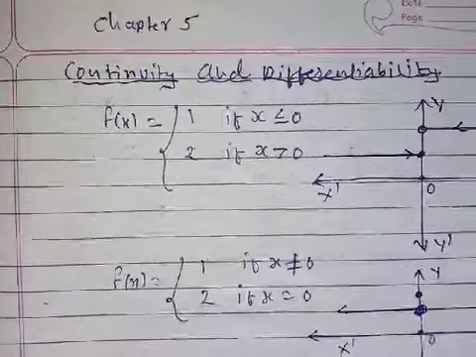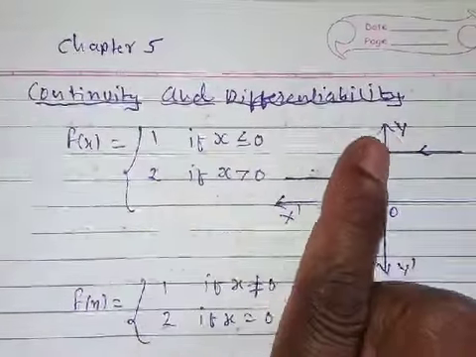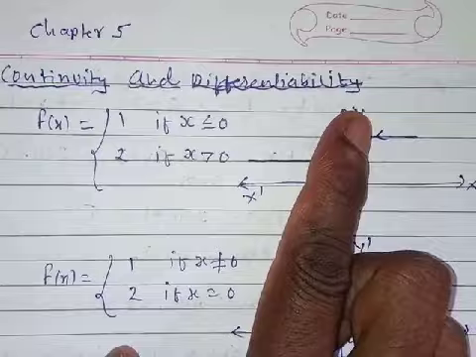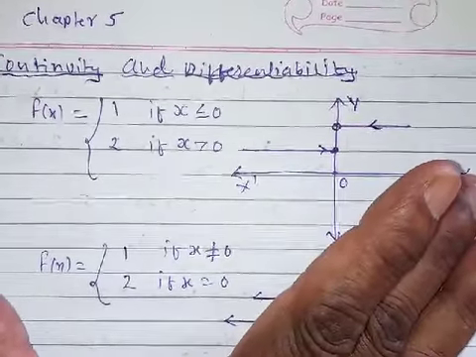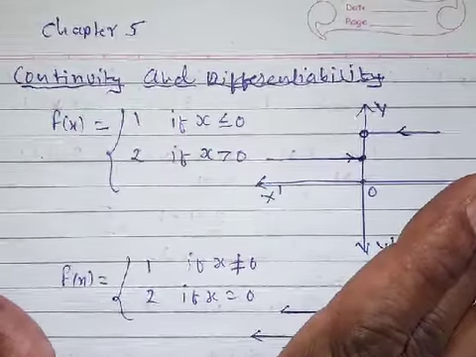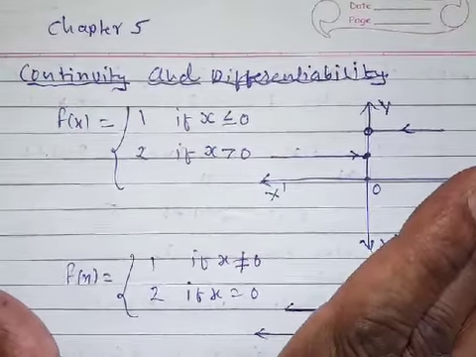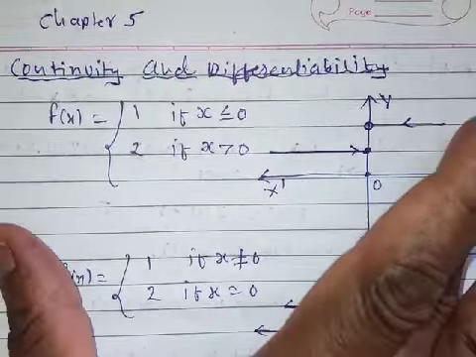After this, I am going to start with chapter 5, continuity and differentiability, where I am going to explain the concept of it. So before that, if it is possible, please revise the limits of the 11th standard, something about limits, what you know.